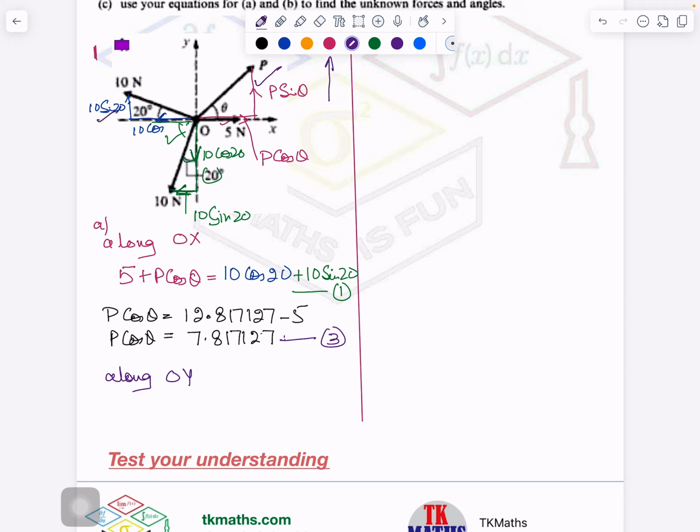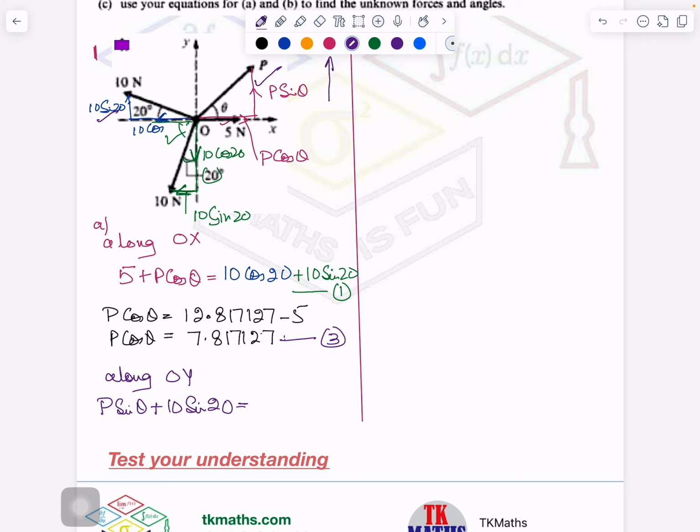So I can say P sine theta plus 10 sine 20. These two forces are acting upward. This is the resolving force of the force P and 10 along OY.